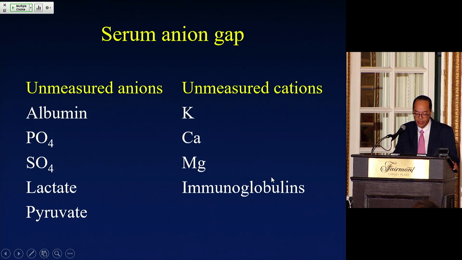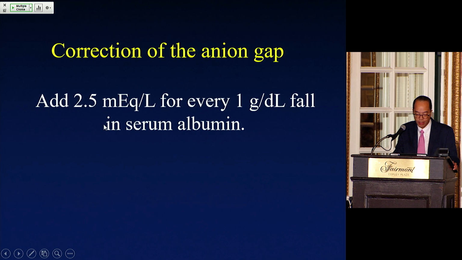The important thing is that most of them are fairly constant or contribute very little. For example, potassium: in some continents people include potassium in their serum anion gap, but if your potassium ranges from 3.5 to 4.5 or 5, the changes in potassium shouldn't contribute much to the anion gap.